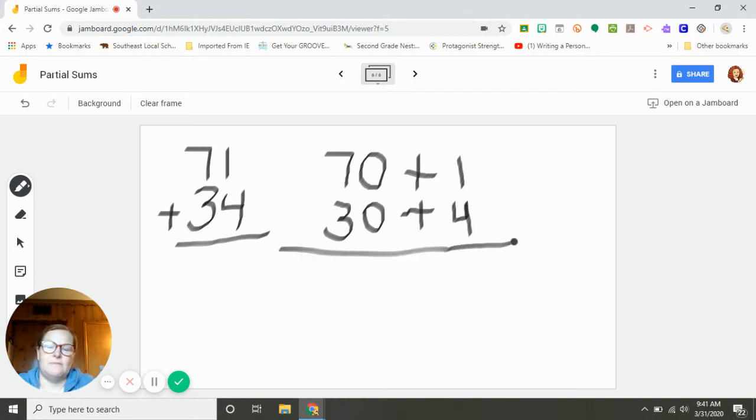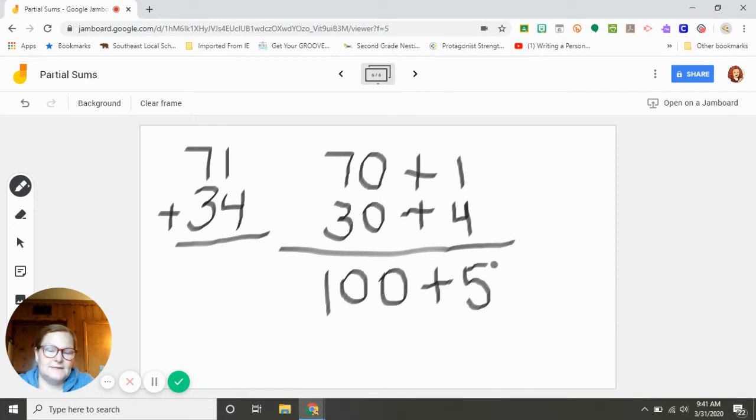And now I'm ready to add my partial sums. So I can do 70 plus 30. Well, 10's my favorite number, so I know 7 plus 3 is 10. So 70 plus 30 must be 100. And then I know that 1 plus 4 is 5.